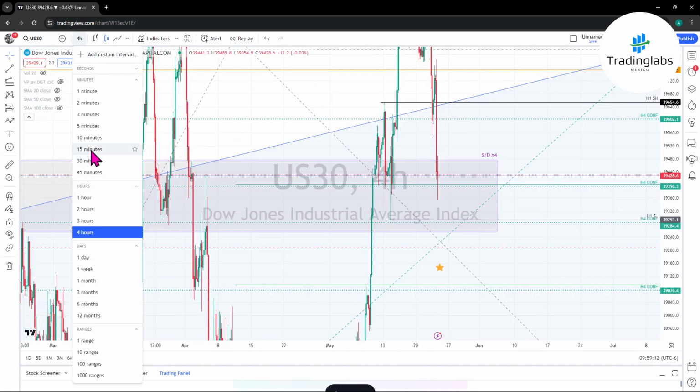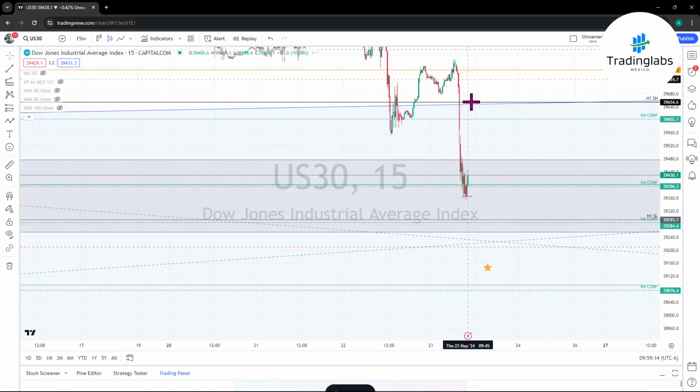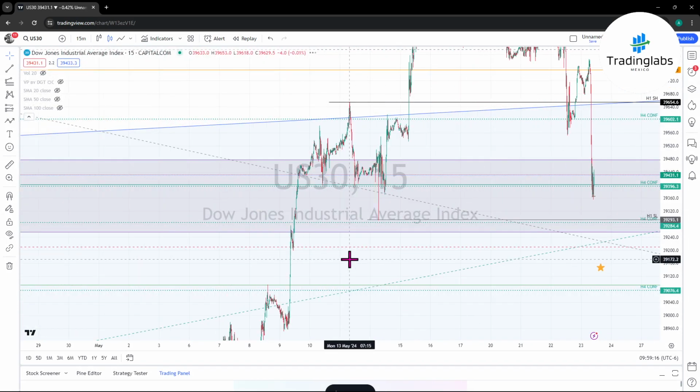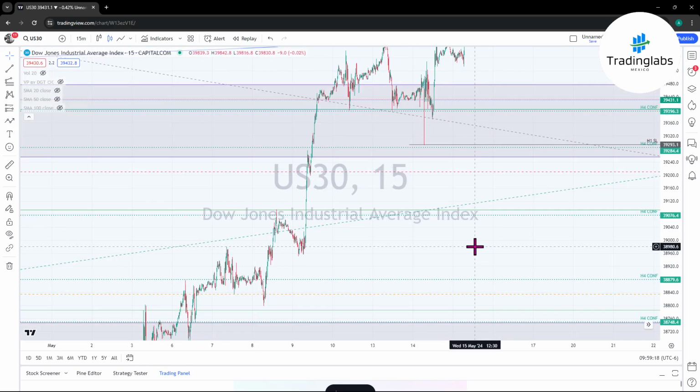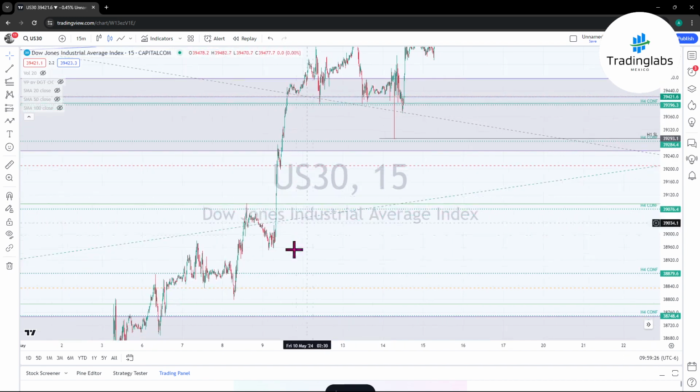Now, I'm going to teach you fair value gaps. Fair value gaps are very important to place. Do you know what fair value gaps are? I don't know, but you can teach me. I want to learn.